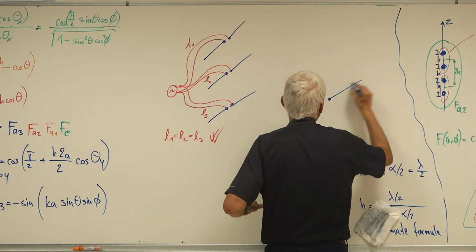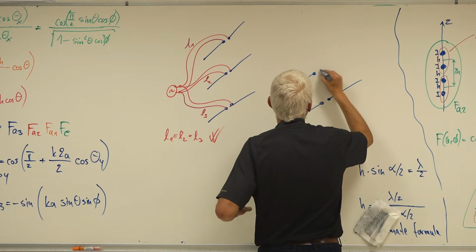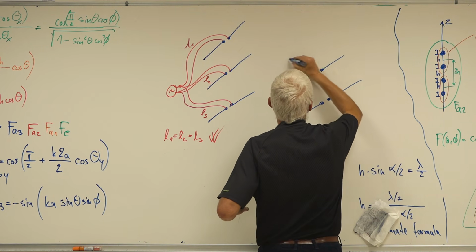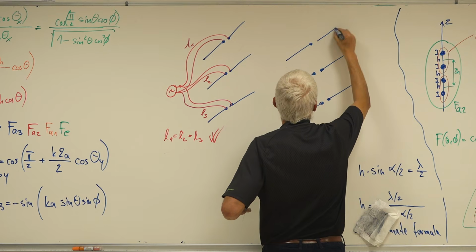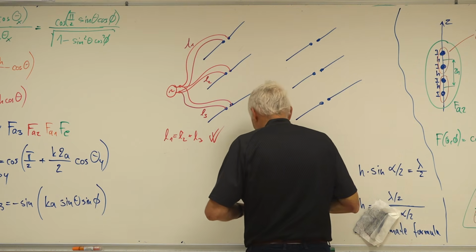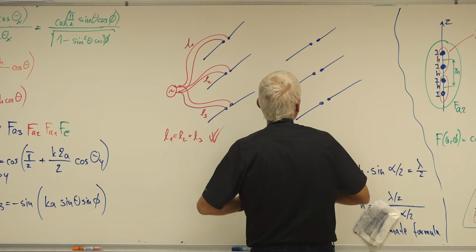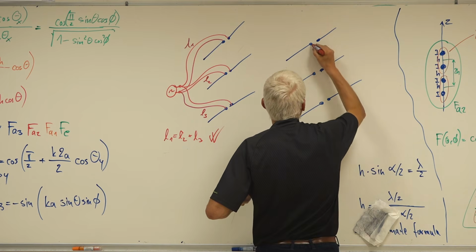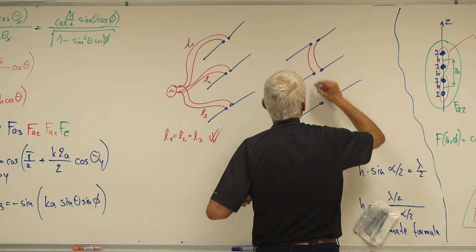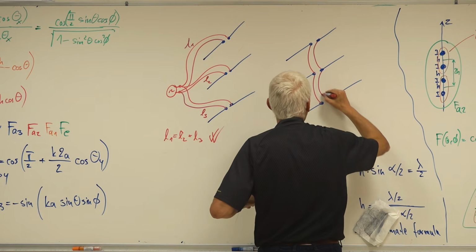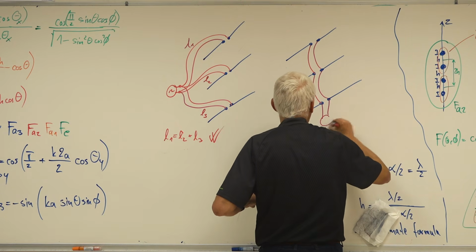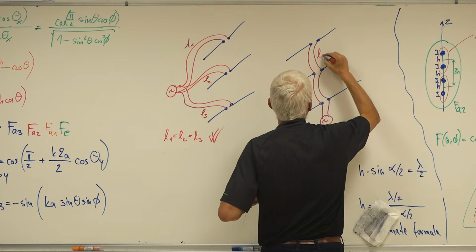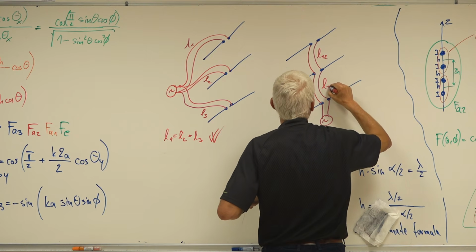Not parallel connection, but serial connection. I just bring a line here in between, a line here, and here I connect the generator. This is L12, this is L23.